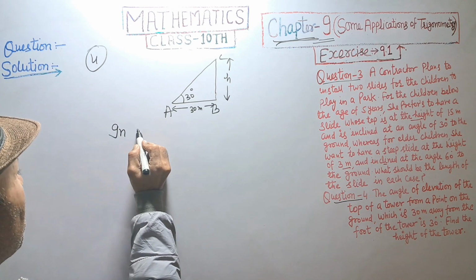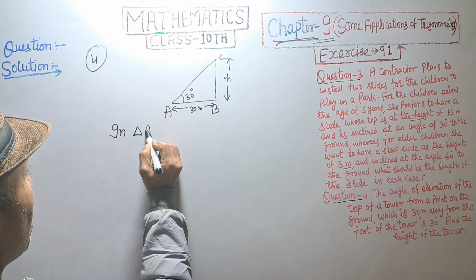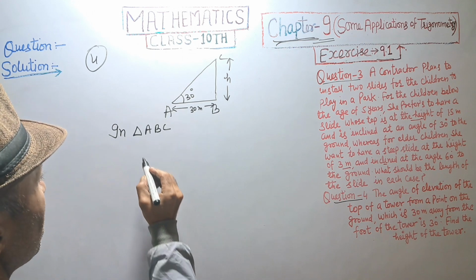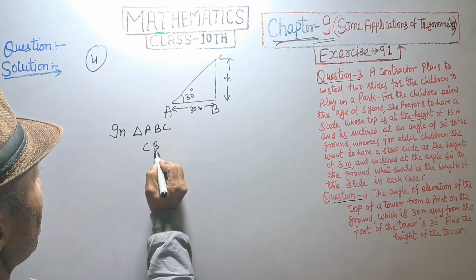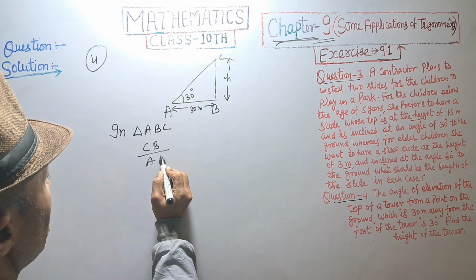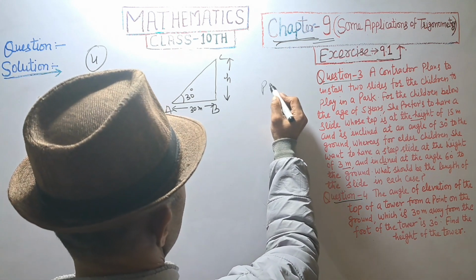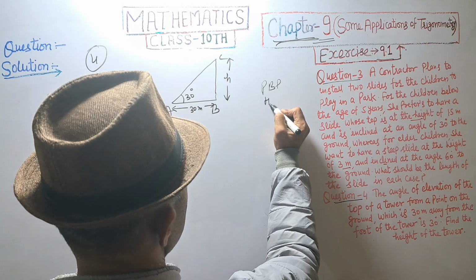In triangle ABC, CB upon AB is equal to perpendicular upon base.